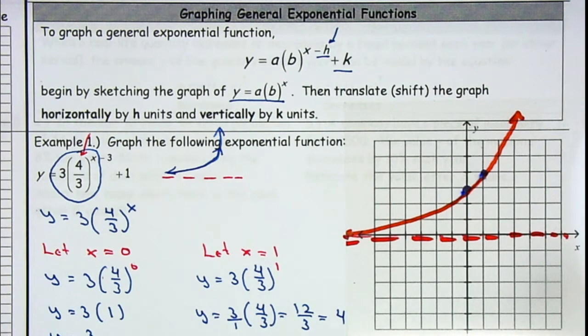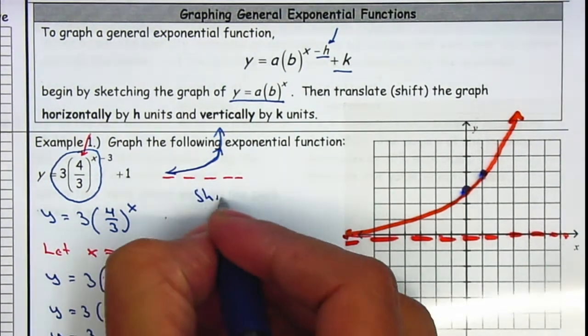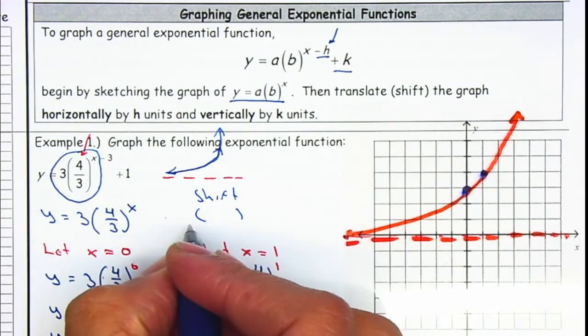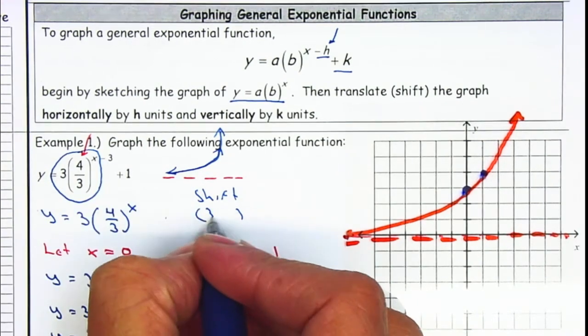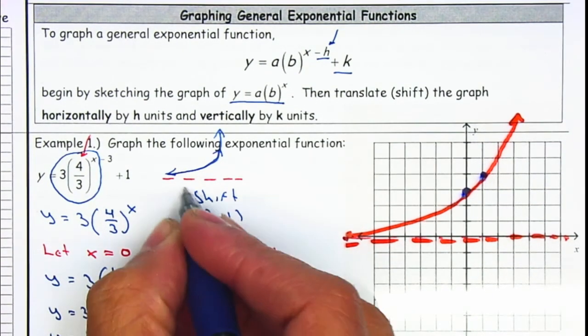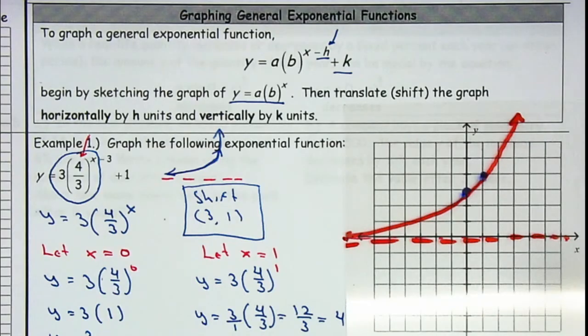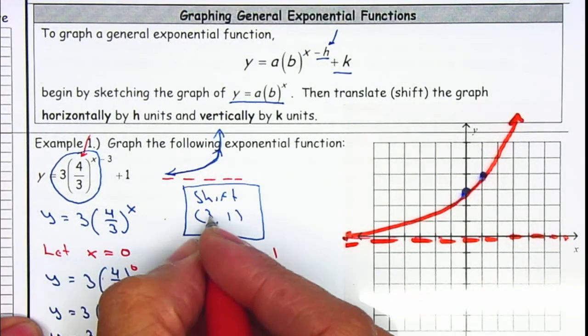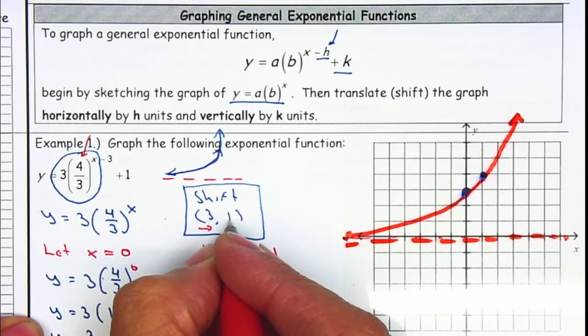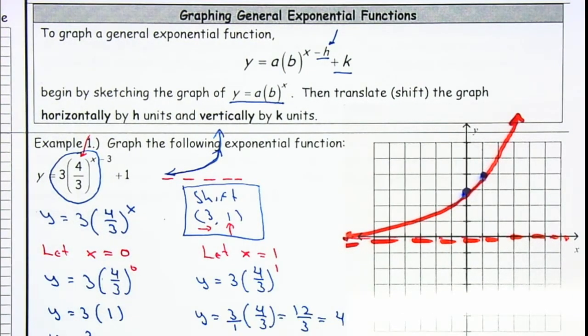Now, for shifting, I'm going to shift my graph by using my h and my k. My h will be 3, my k will be 1. The h will shift it to the right or to the left. It's positive, so I'm going to shift it to the right.